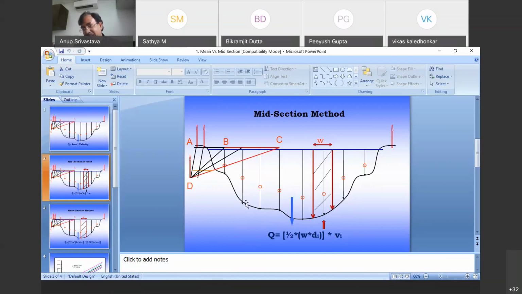In between these two verticals, the depth might be more, or there may be some higher ranges in the river geometry. So no matter how best a technique we adopt, how accurate we are in measuring the depth as well as the velocity, the true value we cannot achieve.